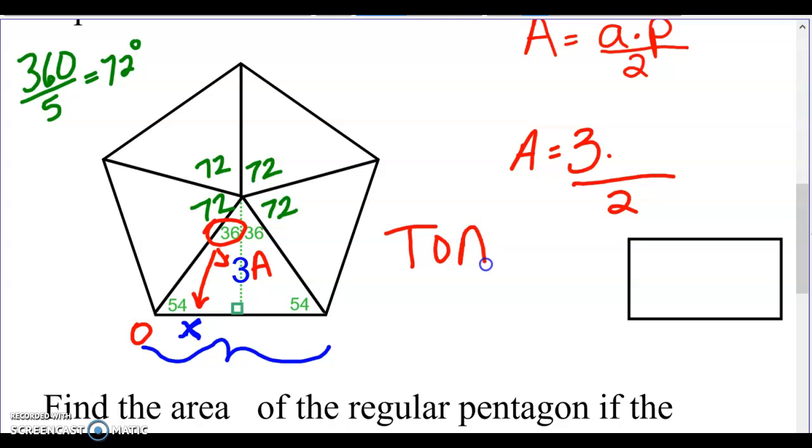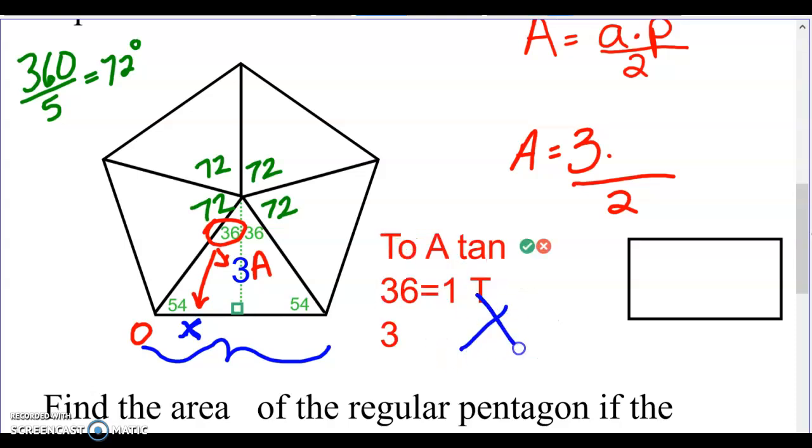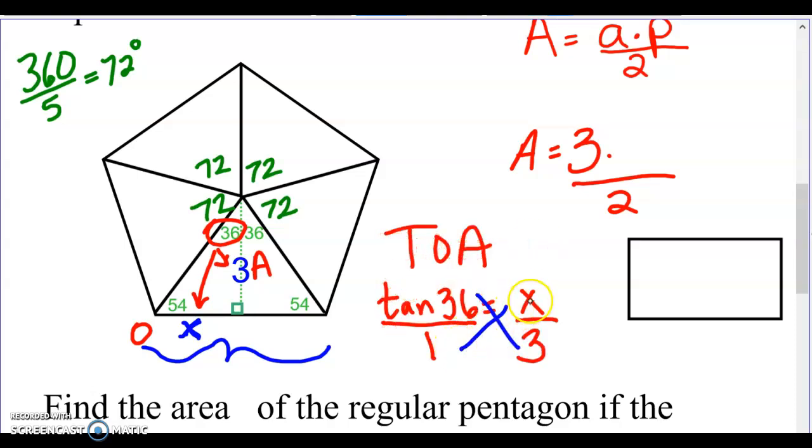So it'll be tan 36, which was the angle I circled. The O is the X. The A is the 3. And now I just make it a proportion and I cross multiply. So 1 times X is X, tan 36 times 3.